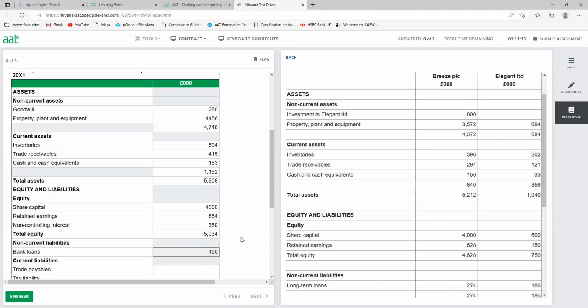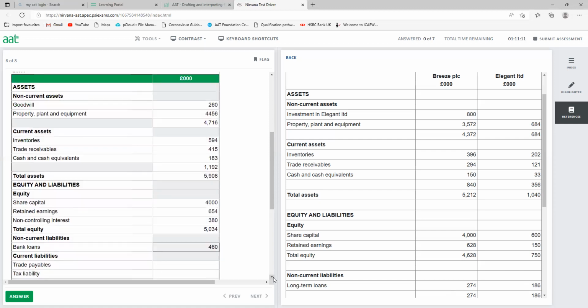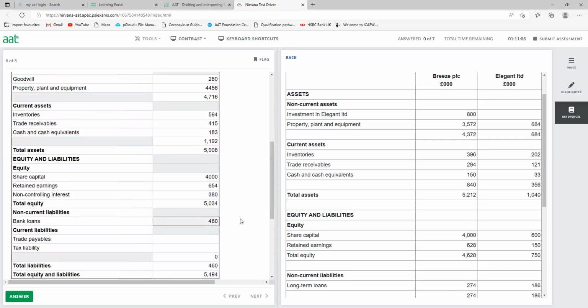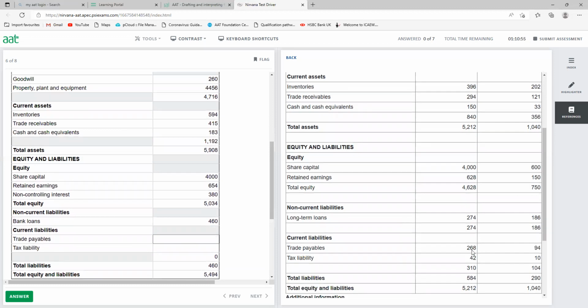And then we have our tax liability. So we have a trade payable. Trade payable, we have 268 plus 94, 362.